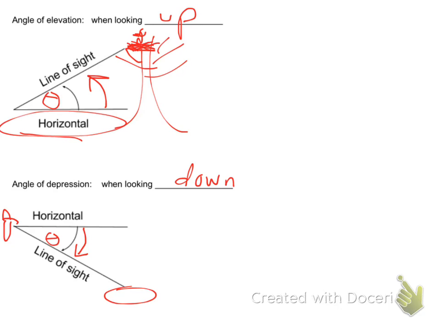No. But in our problems, you have to realize that when you're standing there, your eyes are here. That means you are about, for some of us, only 4 feet off the ground, but for the rest of us, about 5.5, 6 feet. So you have to sometimes take into consideration that there is a height difference between your eyes and the ground level. Now, if the problem doesn't state that the person is 5 feet tall, then just take it as the eye level is how the height starts, okay?